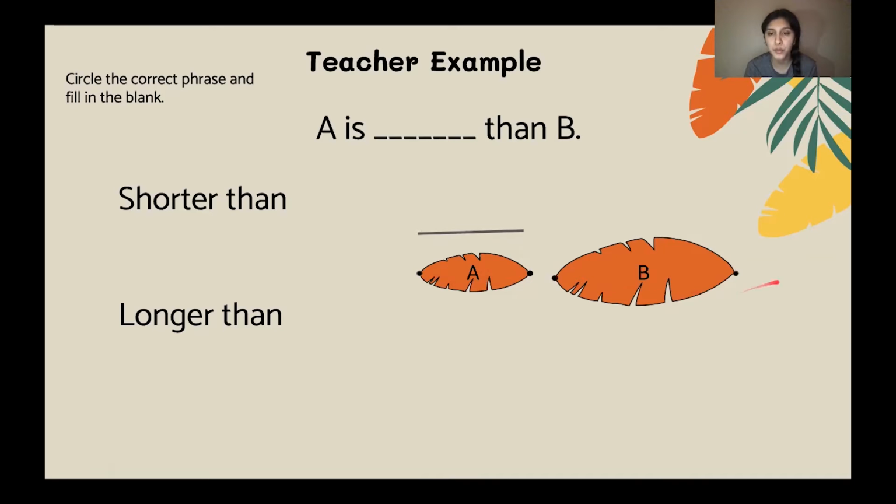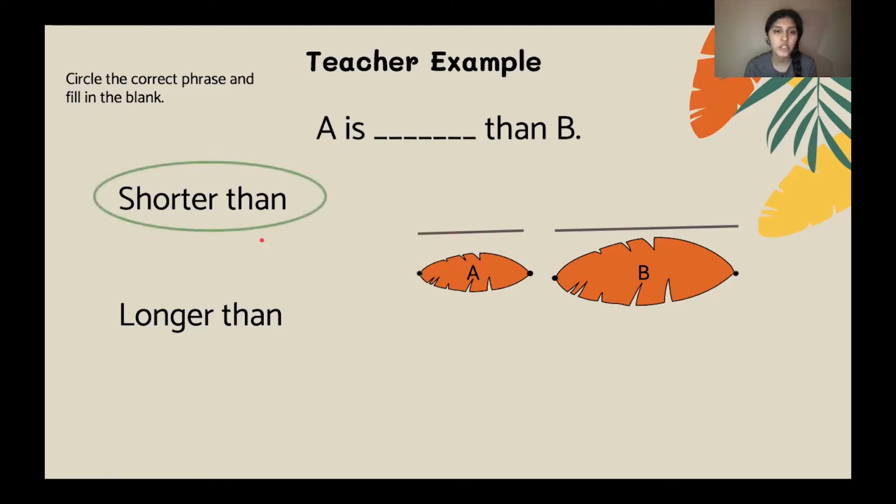These are my endpoints, and that's how long it is. So from what I can see right here, this line looks a lot shorter than this one. So A has the shorter line and B has a longer line. So A is shorter than B because B is longer, right?